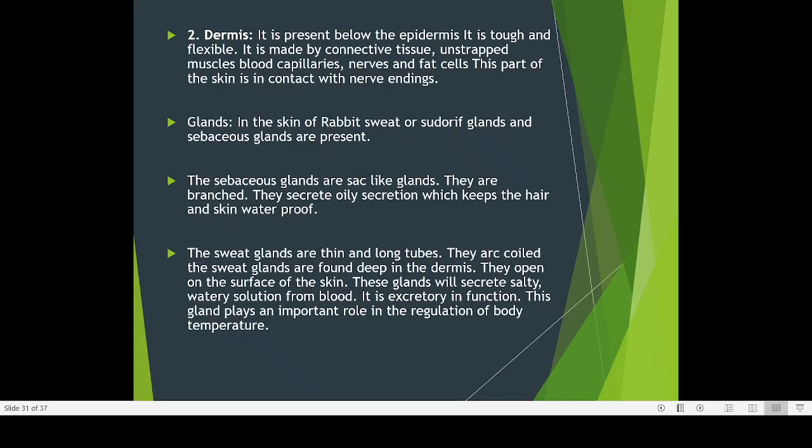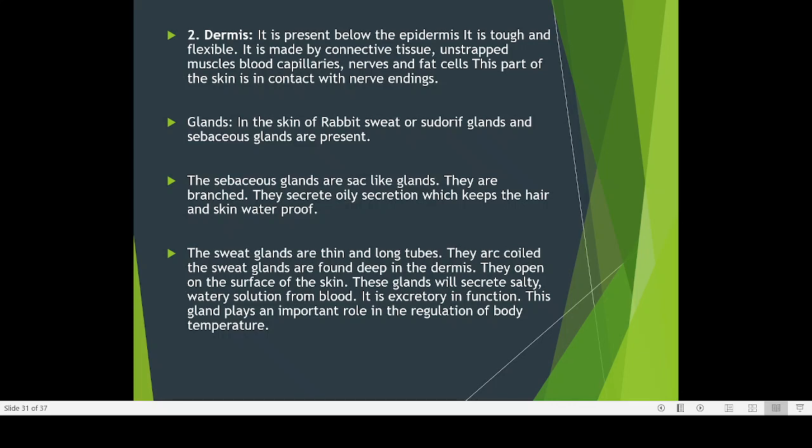So one important type of gland that you can find in the skin is the sebaceous gland. Now in addition to sebaceous glands, we can also find sweat glands. The purpose of sweat glands is that they produce sweat. It is an important gland in the skin of every animal. It is because of the sweat gland that our body is able to cool.